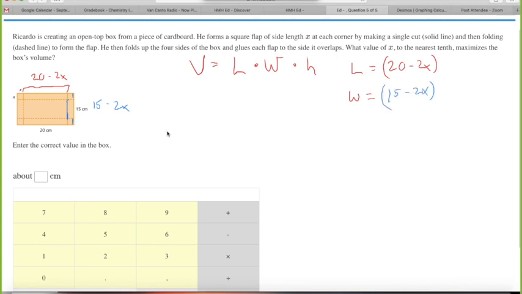I'm putting parentheses around it because that's what we're going to do later on. And our height is going to be our x, right? So h equals x. So then our volume turns into 20 minus 2x, which we could factor if we wanted to, but we don't have to, and x. So I just plug these values into here.